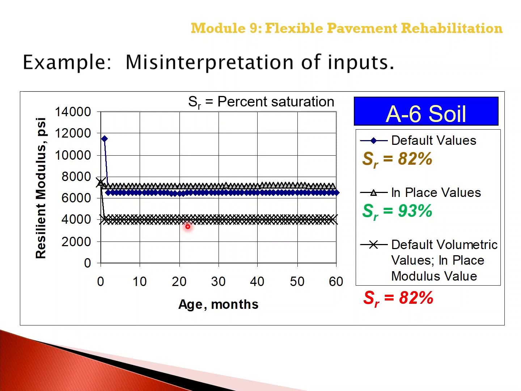And again, we want to make sure, as we've noted in other modules, that we have input compatibility. In other words, if we're back-calculating a modulus based on an in-place deflection test, then we should be using the water content and dry density that were measured at the time of deflection testing. And that will prevent misinterpretation of inputs and ensure we have input compatibility.